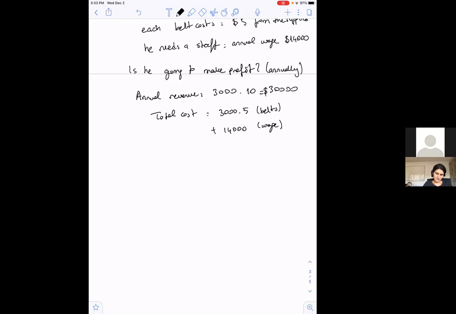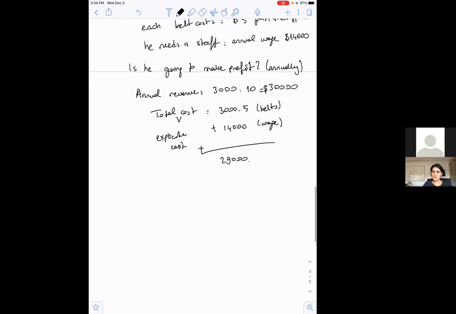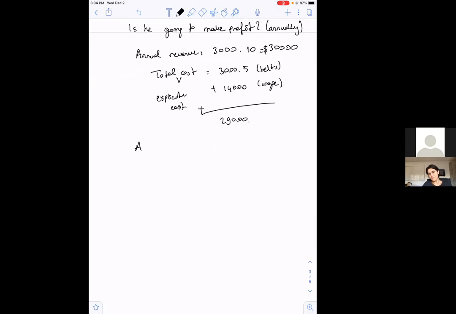So total explicit costs are $29,000. If you are asked to calculate accounting profit, the revenue doesn't change, only the cost changes. Revenue is $30,000 minus $29,000, so $1,000 is the accounting profit.